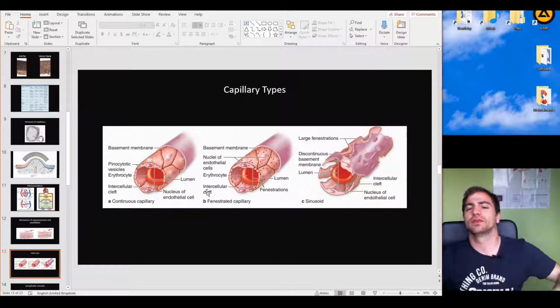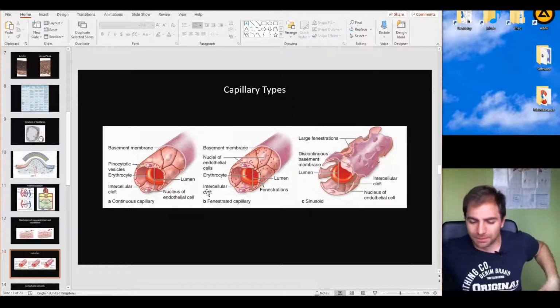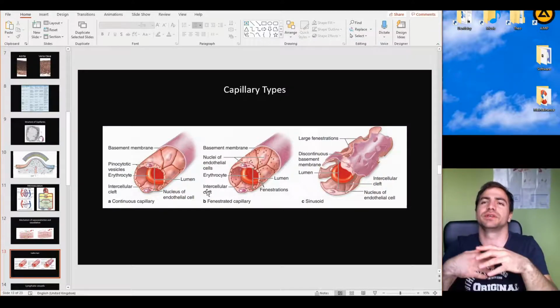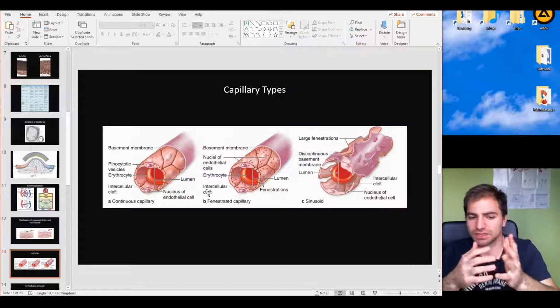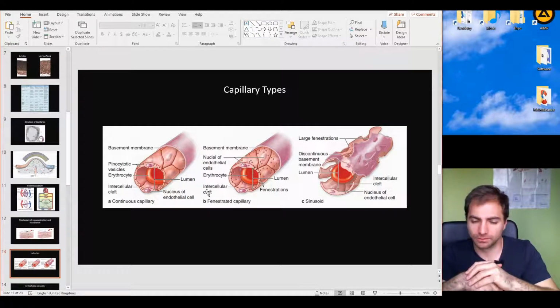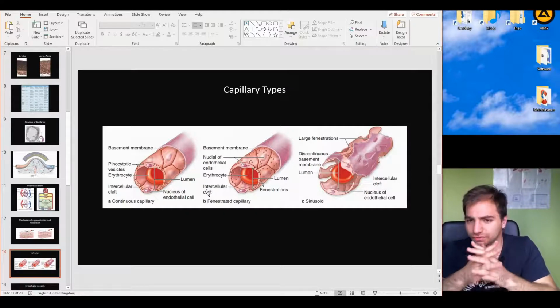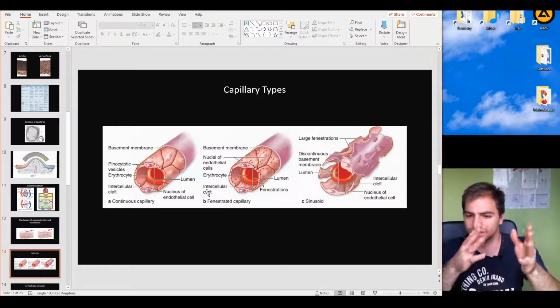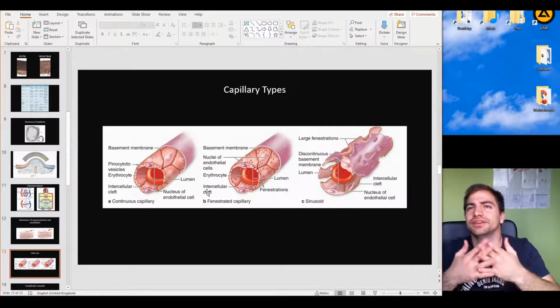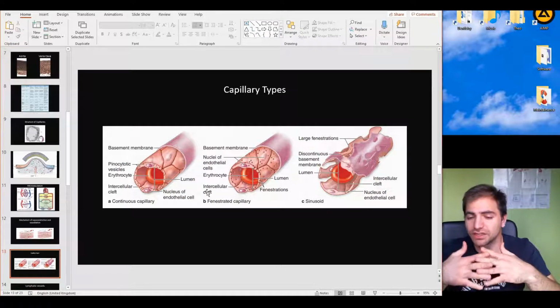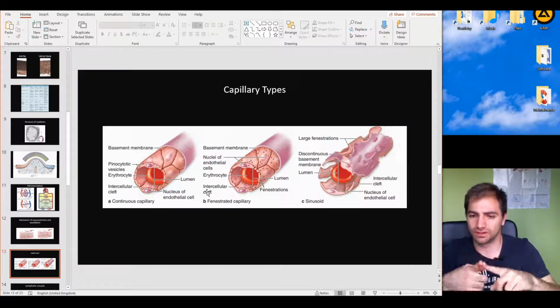So let's move on. There are different capillary types, and this is because different organs have different needs, as we already saw with the liver. The most common form of capillary is the continuous capillary. The different types of capillaries are based on the architectural differences between the basal membrane and the endothelium.